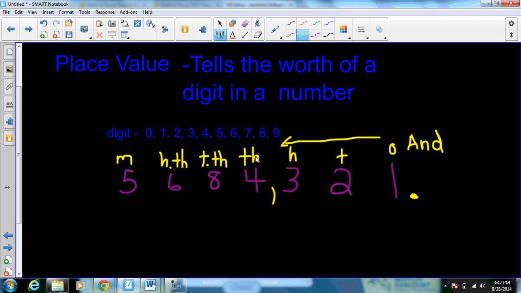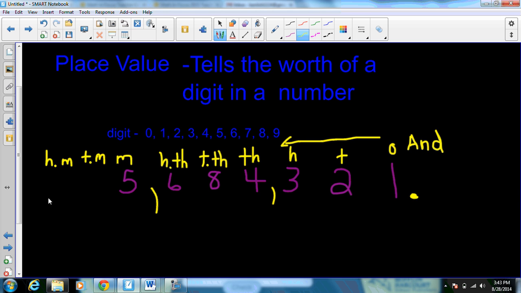Then you have 1,000s, 10,000s, 100,000s. That's the thousands period. You have a comma after every three numbers from the right. You have 1 millions, and then of course it would repeat the pattern. 10 millions, 100 millions. That would be the millions period. So I'm just going to put TM for 10 millions, 100 millions, and so on.